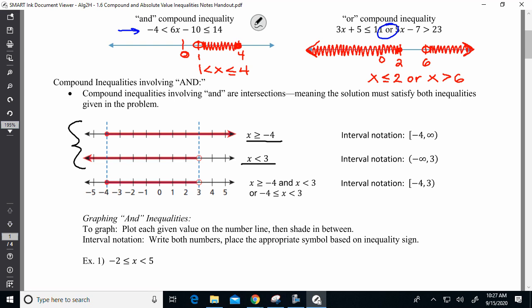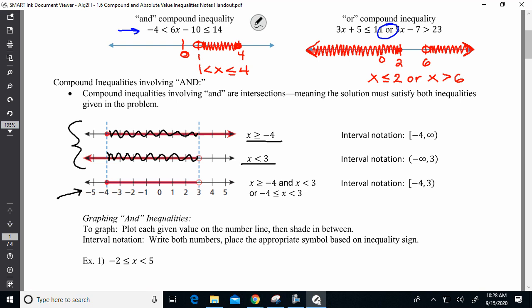So if you graph them separately, notice that there is one part of the graph that overlaps with each other. Two parts of the graph will be getting shaded twice. So this bottom part here is how the answer would look if you put them together.